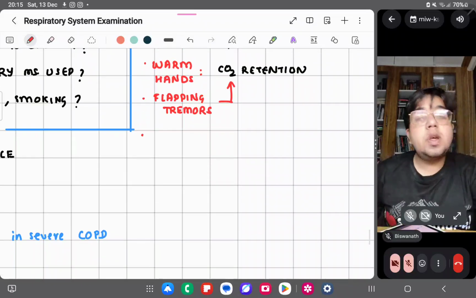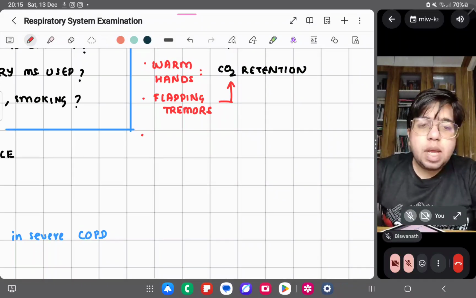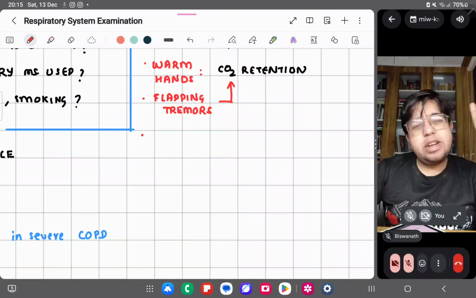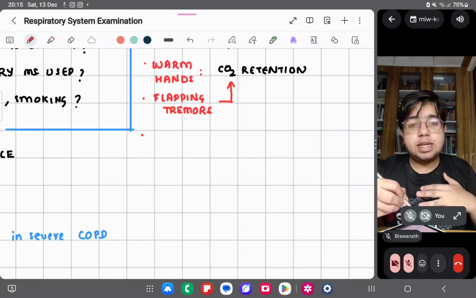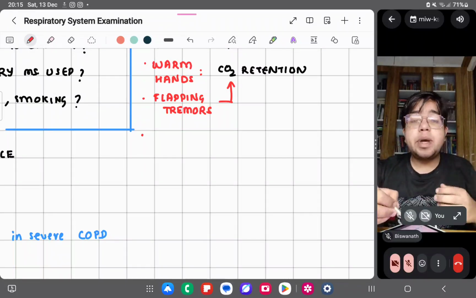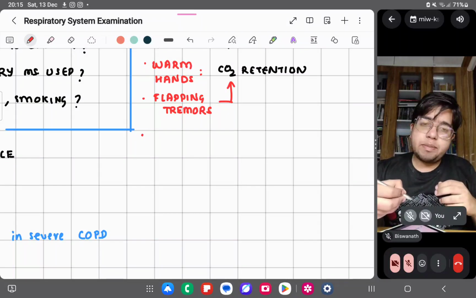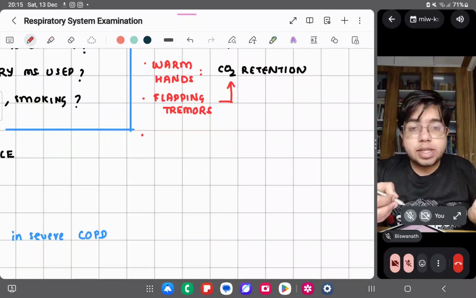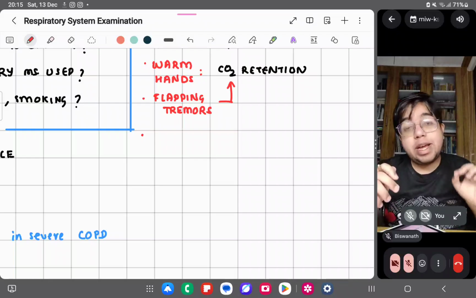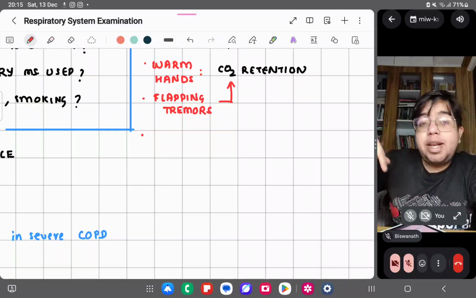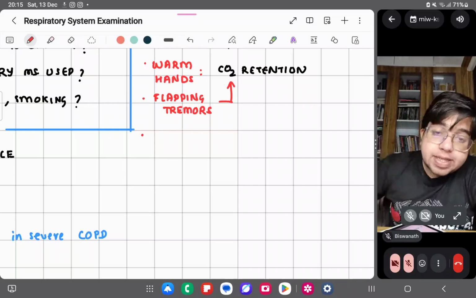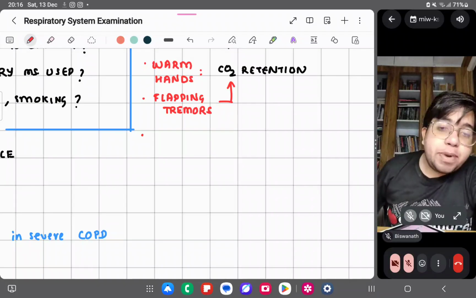Then, if there are continuous tremors like postural tremors, the person is writing and there is a handwriting problem, there is some sort of tremor like this. You can ask in the history. You have taken the medication history. If a beta agonist is used, then the person will present with tremors, which is completely normal.